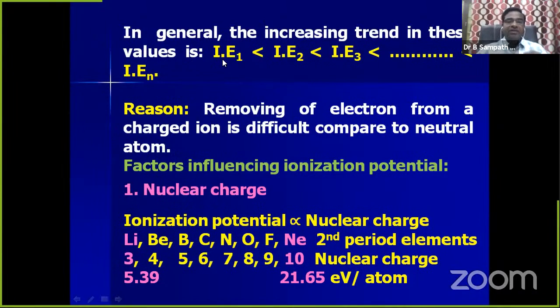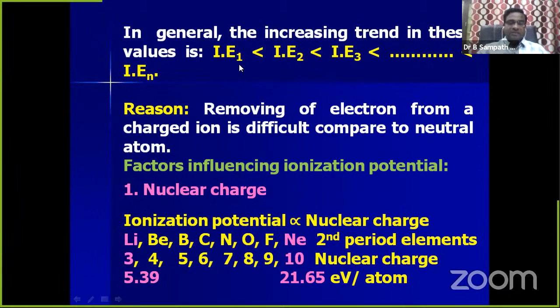Simply, they ask children, why is ionization energy 2 greater than ionization energy 1? Let's see. Here, removing an electron from a charged ion is difficult compared to a neutral atom. This is very important, children. Please try to understand why ionization energy 2 is greater than ionization energy 1.